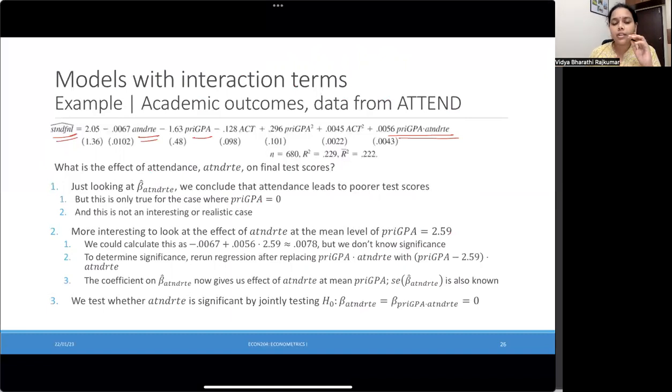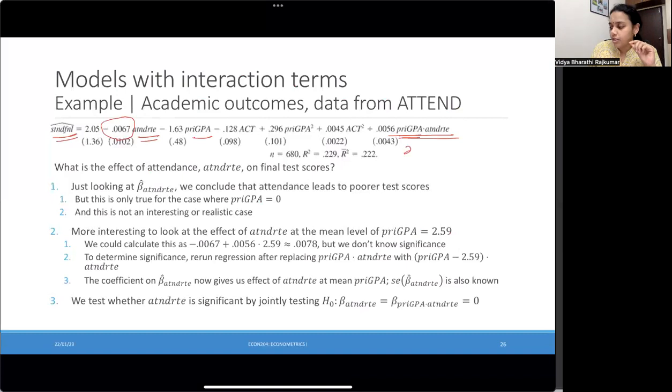Now, how will we interpret the effect of attendance rate on the final test scores? If we were to focus just on this coefficient, it means that if attendance rate increases, it leads to poorer test scores. There's a negative sign there, which doesn't make sense, right? Also, that interpretation will hold true only when previous GPA is set equal to 0.